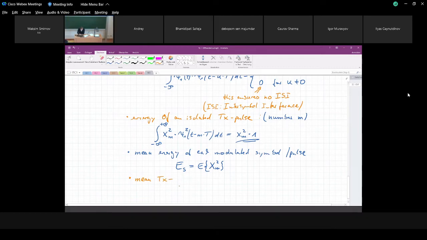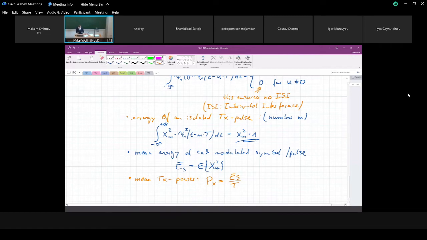And then the next step is, what is the mean transmit power? Tx stands for transmit power. You remember, what is power? Power times time is energy, right? So power is energy divided by time. So the mean transmit power is Px equal to Es, the mean energy in our transmitted modulated symbols, divided by the according time interval.